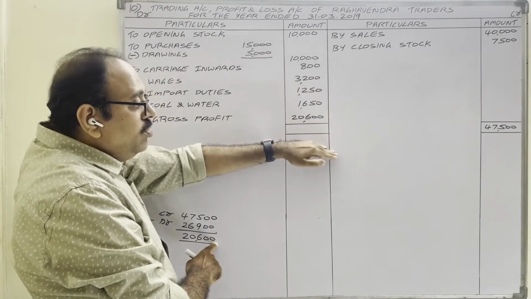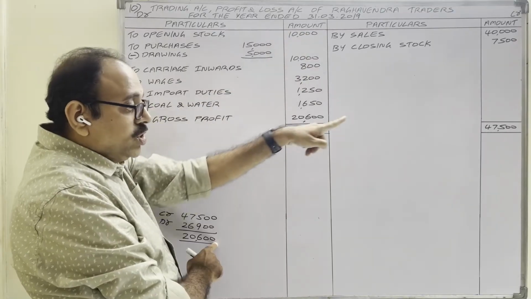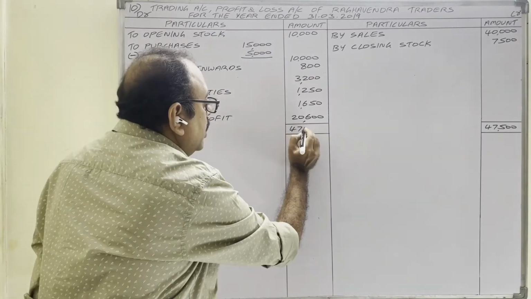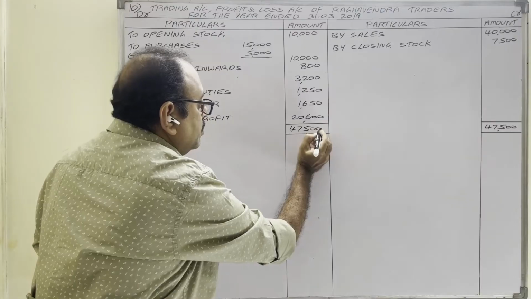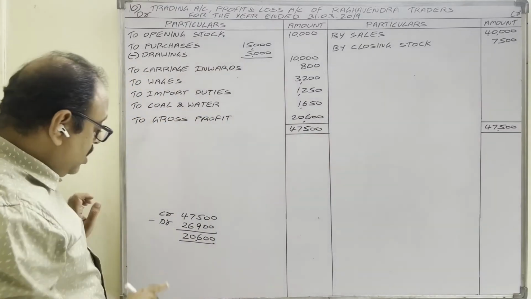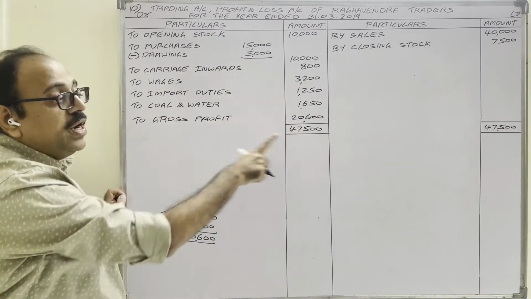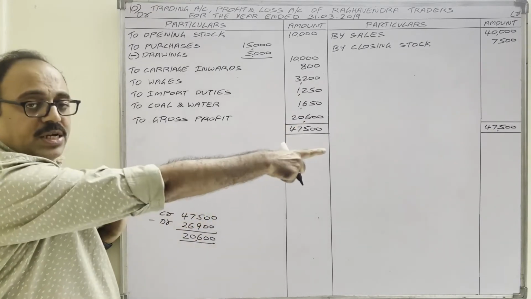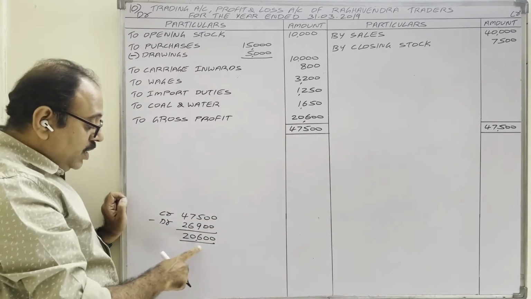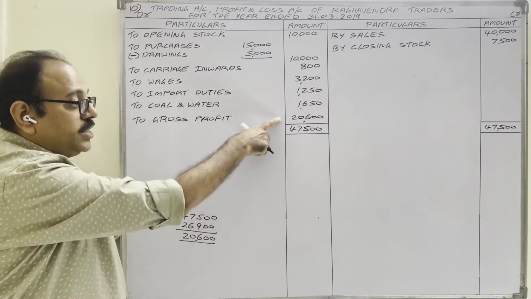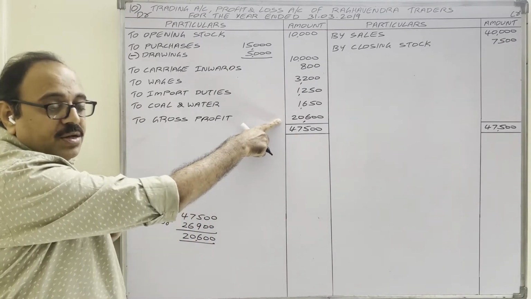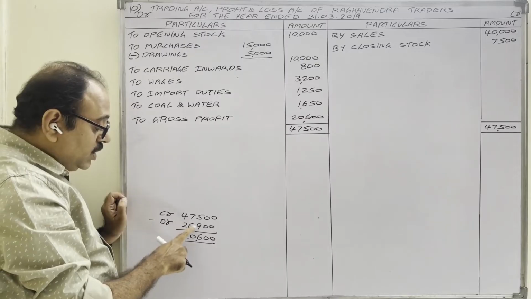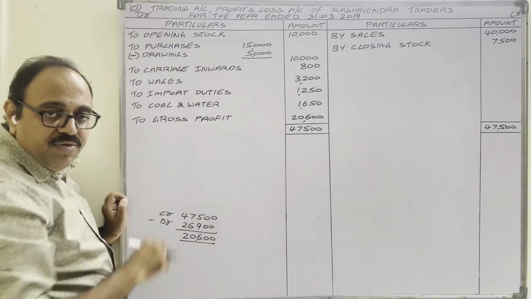The difference we also wrote now. So if you add all these amounts, the same total comes, 47,500. So remember, this debit total we should not write anywhere. The credit total is the highest amount, written as the total on both sides, and the difference amount as gross profit we should write on the debit side. So this debit total 26,900 we should not write anywhere.